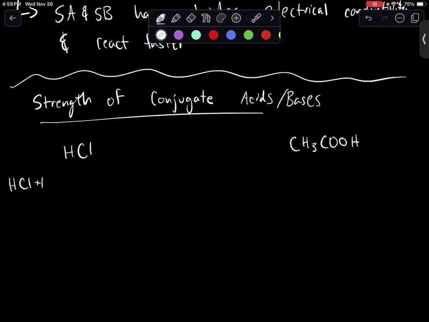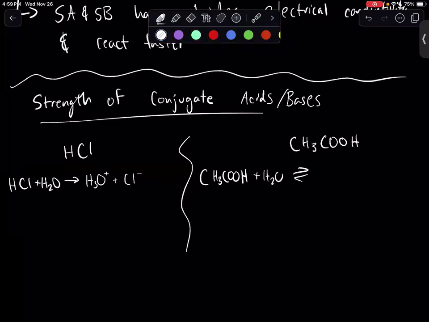HCl plus H2O fully turns into H3O+ plus Cl-. I'm not going to be using state symbols right now for this. CH3COOH plus H2O reacts to form, in equilibrium, hydronium still plus CH3COO-.